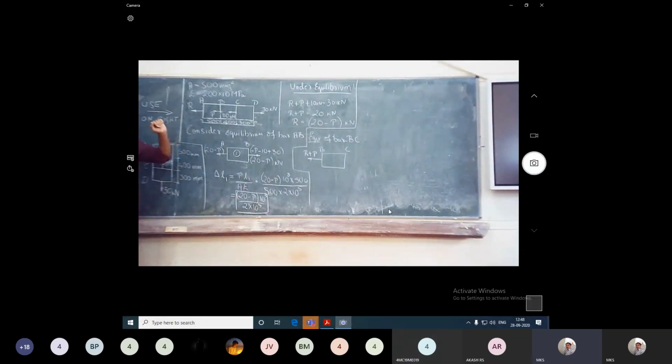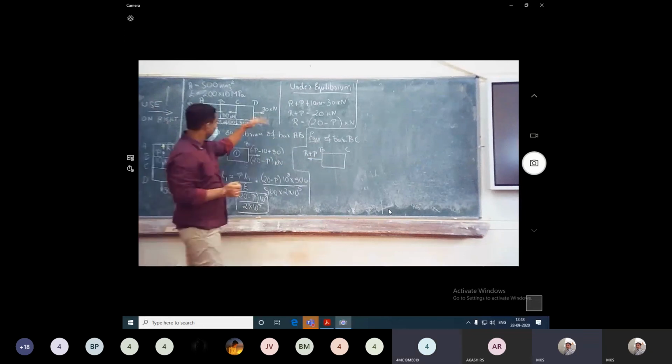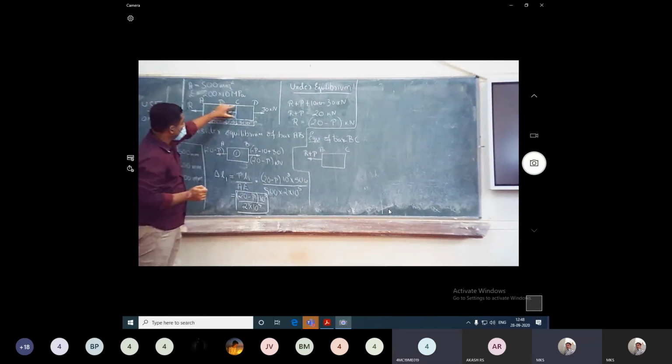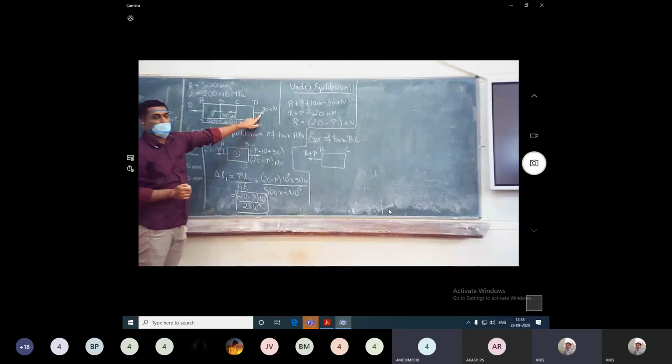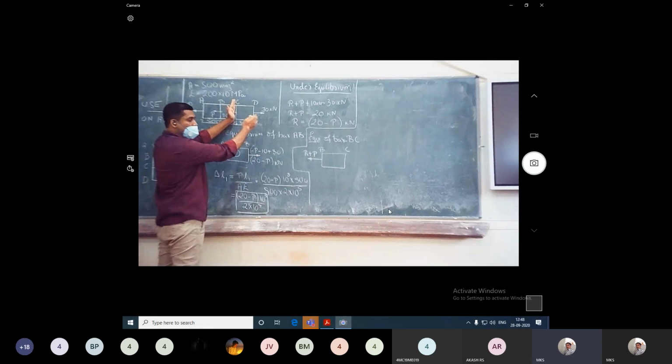Next, you draw the force at C. What force is acting at C? One is 10 kilonewton, another is 30 kilonewton. To the right, how to take the force? At point C, take whatever is acting. Next, to the right of C, whatever the forces are there, you just take. So if it is tensile, it is positive. If it is compressive, it is negative.